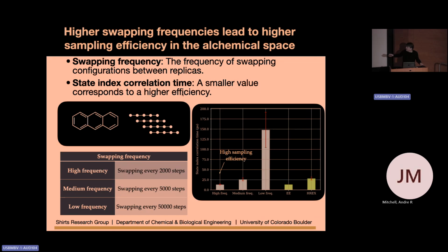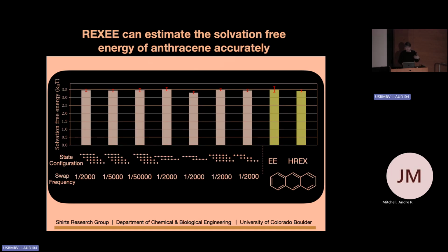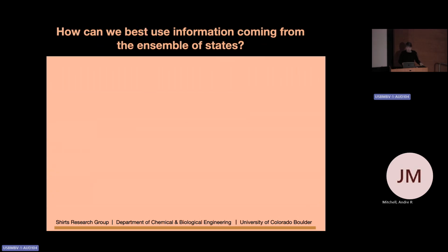But once you get down to swapping every several thousand steps, you essentially decorrelate in state space as fast as expanded ensemble, which is slightly faster than replica exchange. A higher overlap leads to higher sampling efficiency. There are ways you can play around with it, but there's some sampling efficiency difference. Same answer regardless. It's just different ways to decompose that problem.